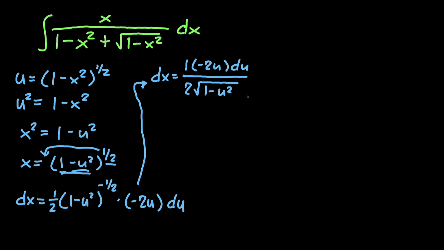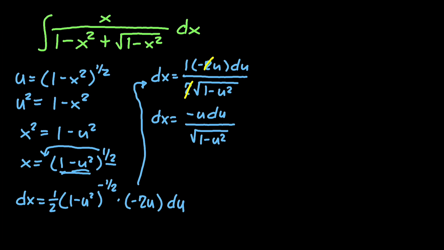Keep in mind, we bring down the square root of 1 minus u squared because it is a negative exponent. And so, simplifying this, these two will cancel each other out. So, the final dx right here would be negative u du over the square root of 1 minus u squared.